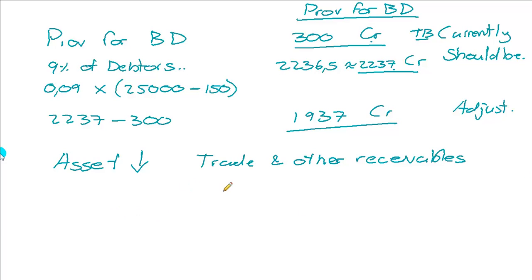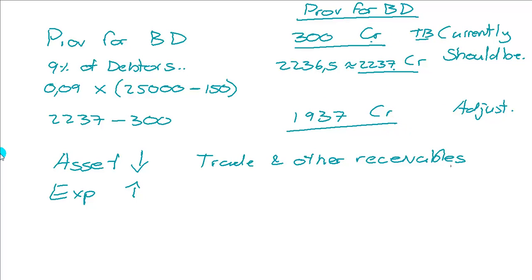Right, but now because we are estimating an amount of the asset that we're going to lose, whenever we lose an asset we need to record an expense, because we're estimating that we're going to actually lose some of our debtors. So the account credited here was provision for bad debts.